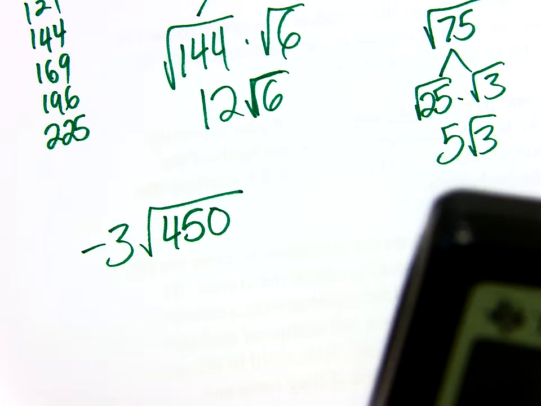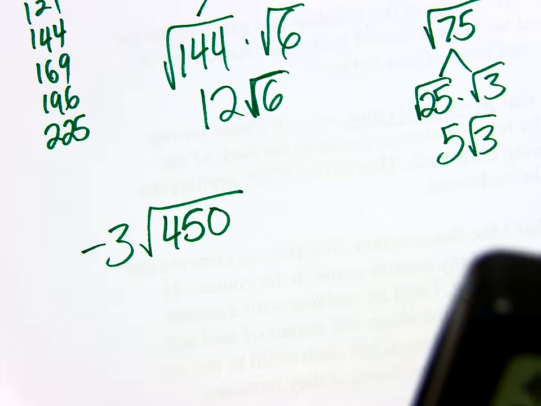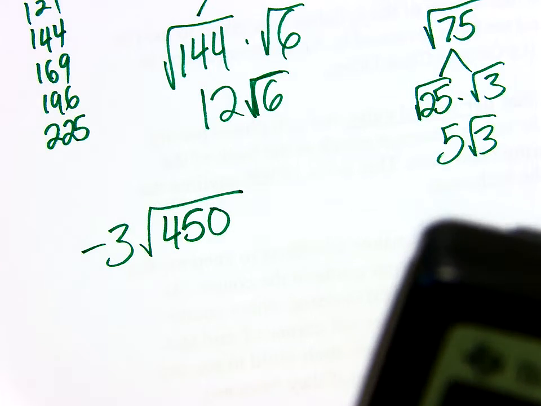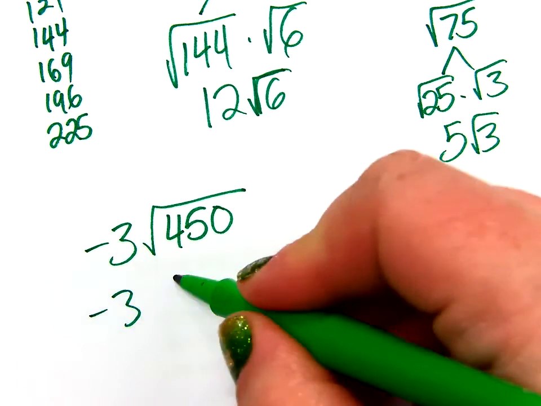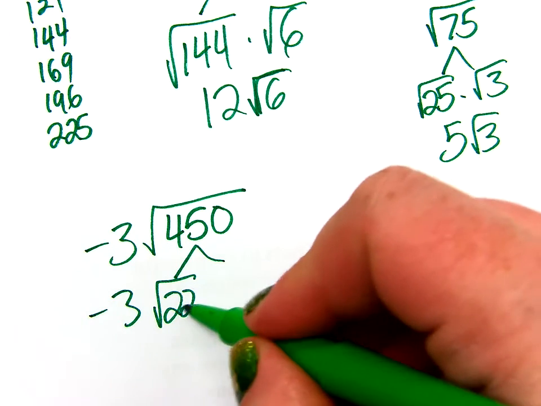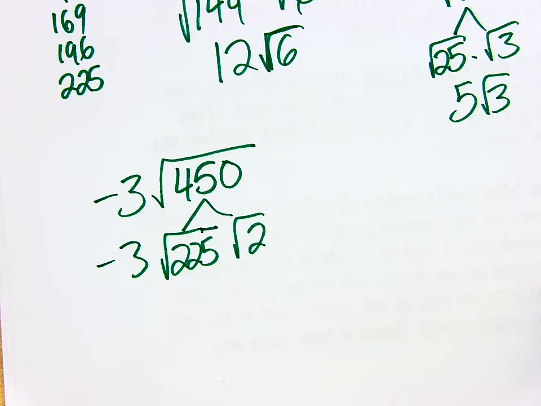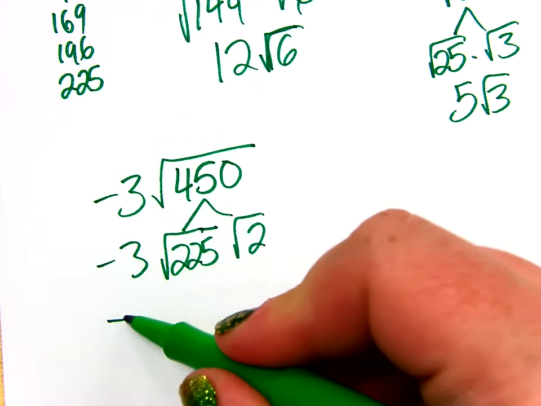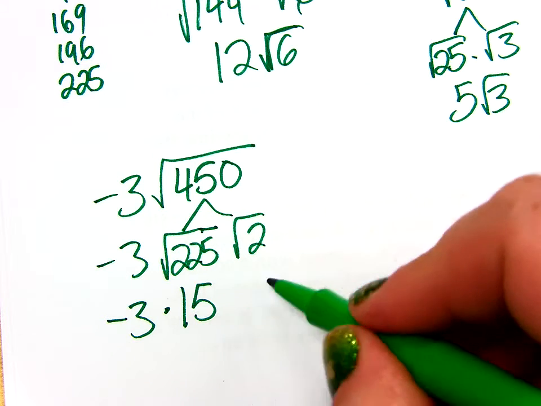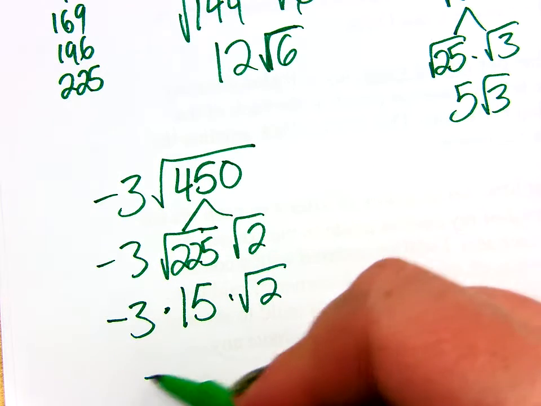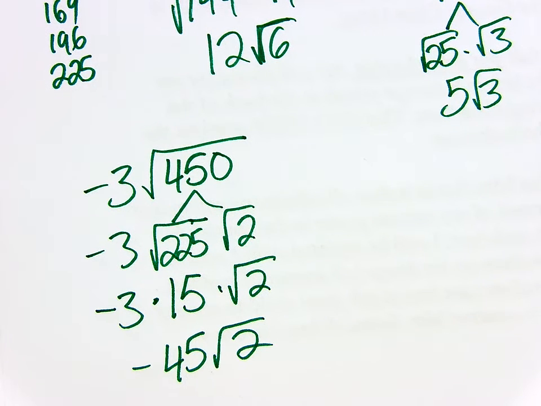So 450 divided by 2 we get 225. So we're going to split this up: negative 3, square root 225, and the square root of 2. If I just do my math, negative 3 times the square root of 225, which is 15, gives 15 square root 2. So that is how I arrive at negative 45 root 2 in the end.